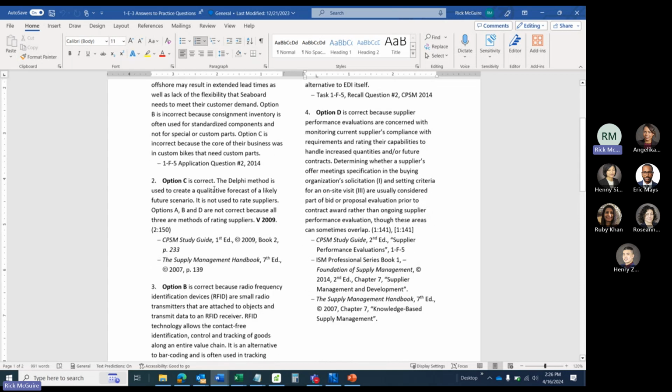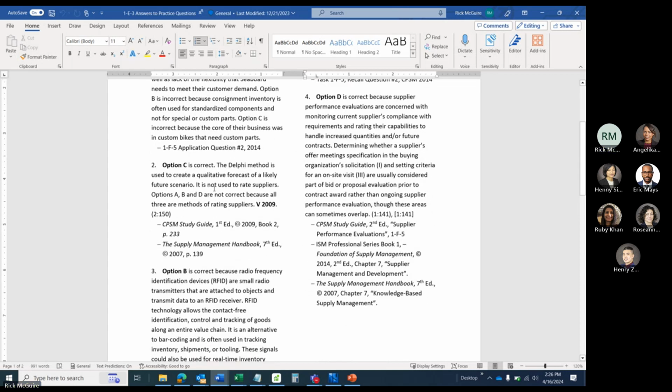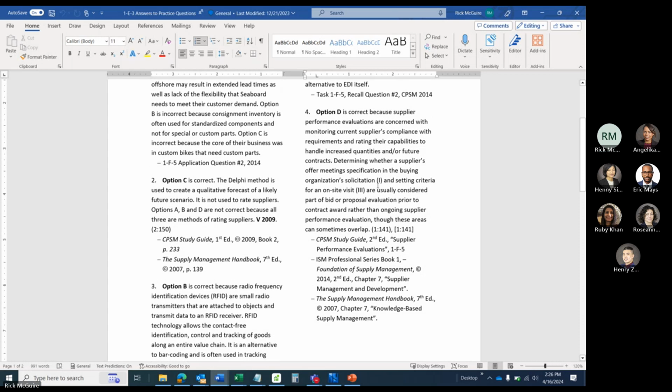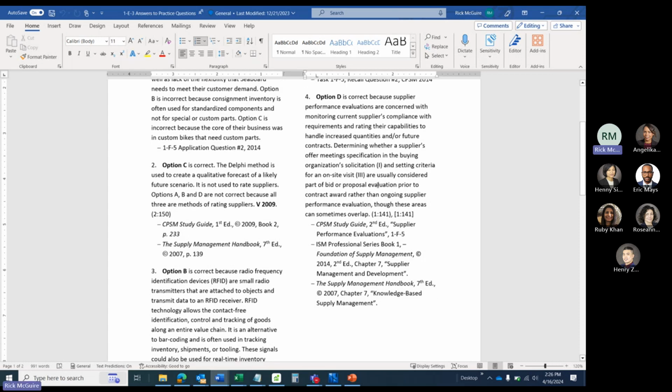PPD may use it a little. 4 is Delta. Supplier performance evaluations are concerned with monitoring current suppliers' compliance with requirements and rating their capabilities to handle increased quantities or future contracts. So that was 2 and 4.